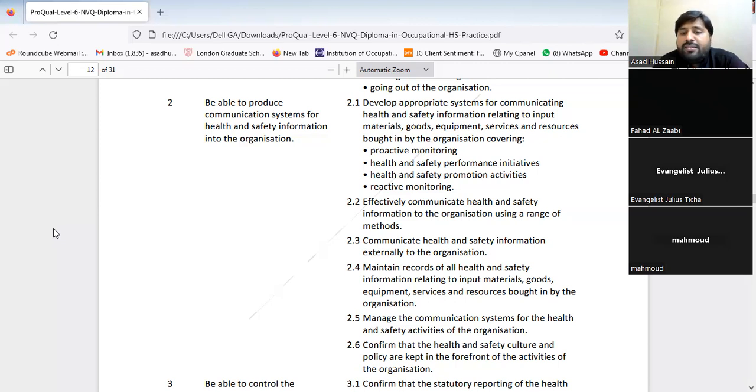So all the means you are using to record the health and safety information relating to input materials, goods, equipment, services, you have to let me know. Simply you can say what type of document controlling you are doing for materials, goods, equipment, services, and resources bought in by the organization. Is it fine?